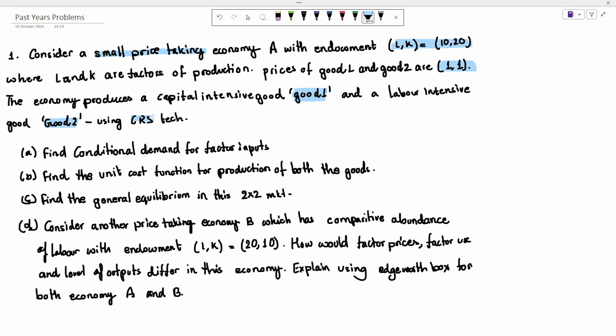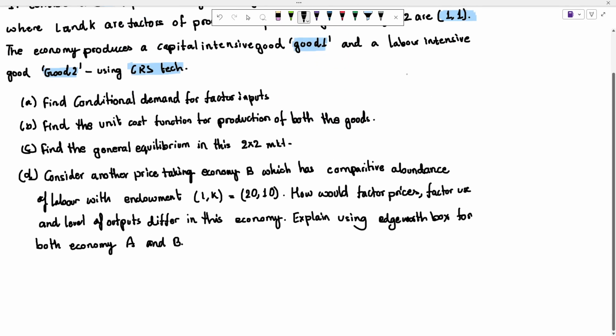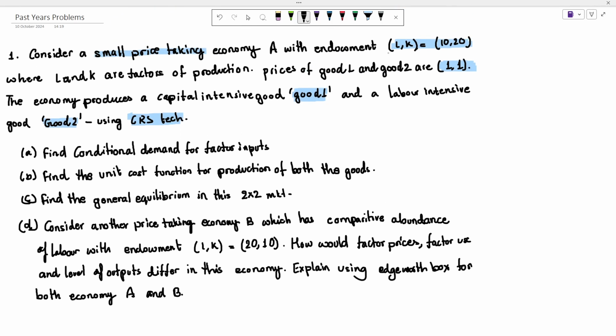Now, the production technology that is used is CRS technology, which I have not mentioned here. So it was mentioned somewhere around here in the question, that these are the production functions. So for good 1, it is a function of labor and capital, and it is L1 to the power 1/4, K1 to the power 3/4.